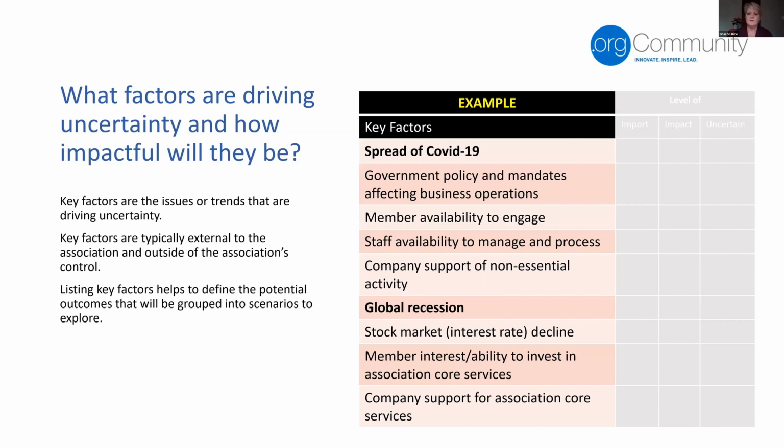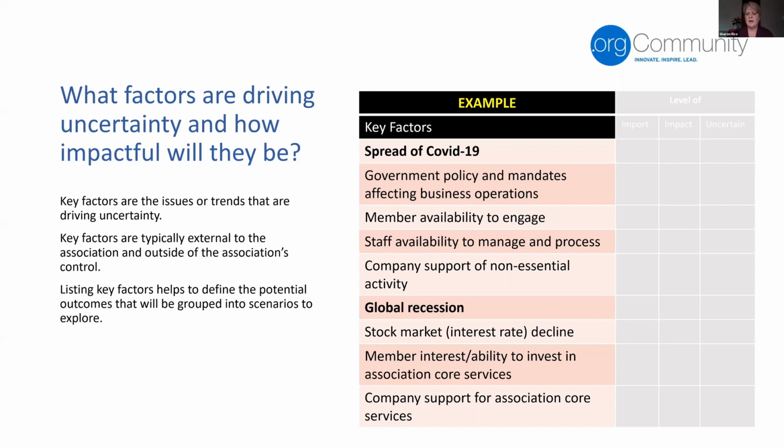And if you're blessed with a research department, maybe they'll help with this, but you want to line up what's possibly happening. You are starting to say, how does this impact our members and their companies, their employers? And we're not really talking about how it's impacting the association yet. We're saying these are drivers that are impacting our business.